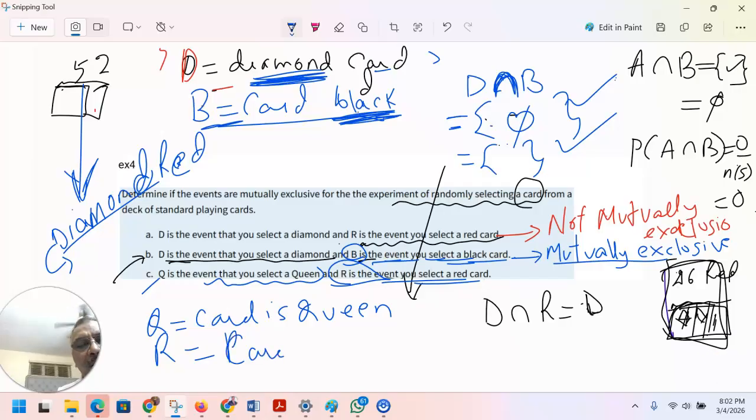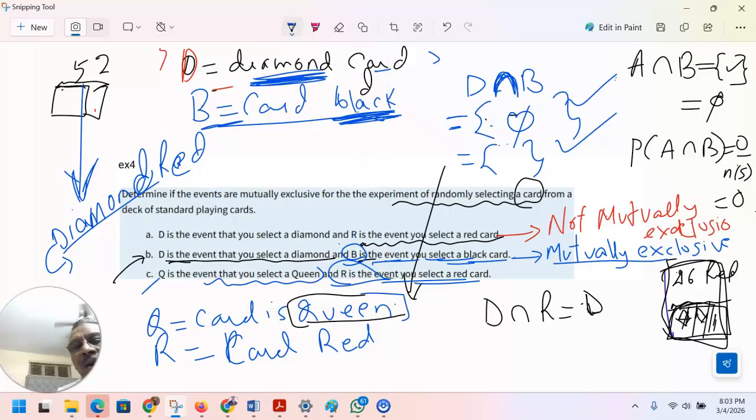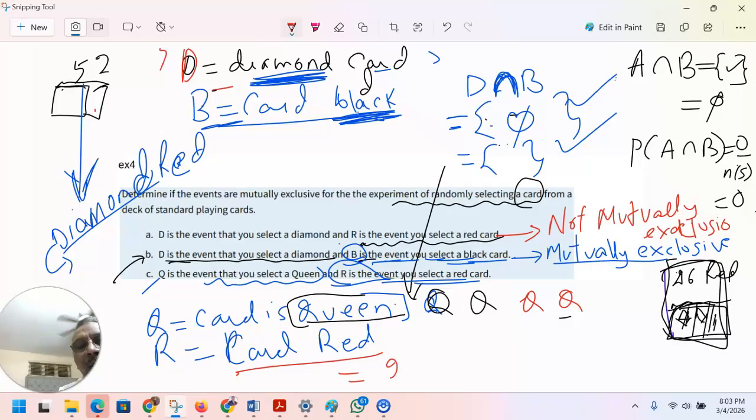You can see by just this example that there are different queens, right? You can have two black queens and you can have two red queens. Then the red cards are altogether 26.